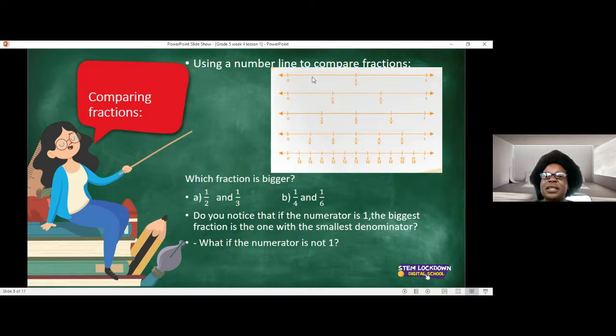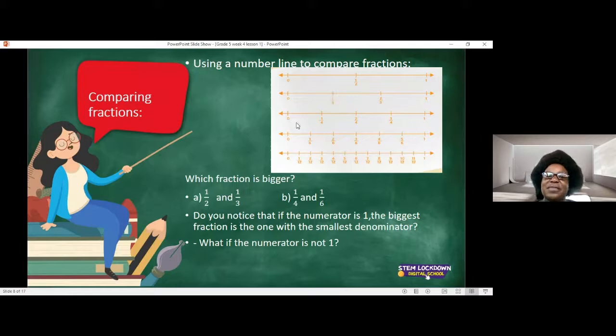The first one is cut only into 2 pieces, so it's cut into halves. If we are sharing it with 2, we're going to get big pieces. And then the second one is cut into thirds, which means instead of getting that big piece of a half, now you get a little bit smaller piece, but it's better.